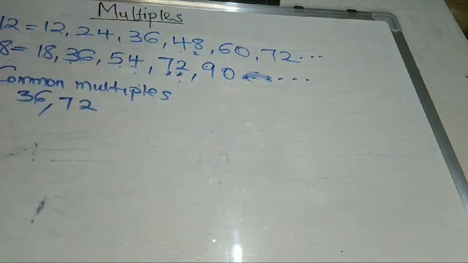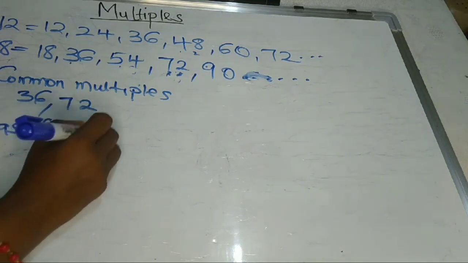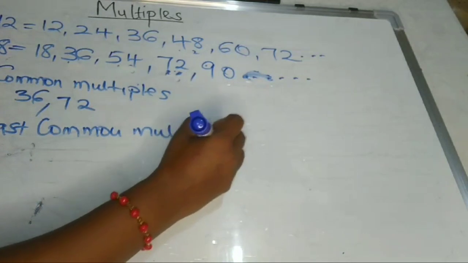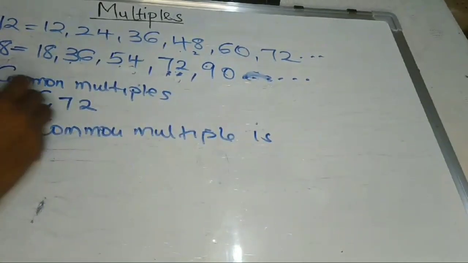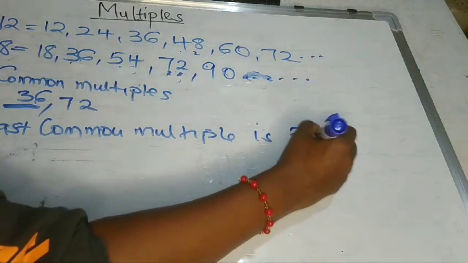There are so many. We can continue getting as many as possible, but we want to know which one is the least common multiple of the two numbers, which is the smallest common multiple, which is 36.